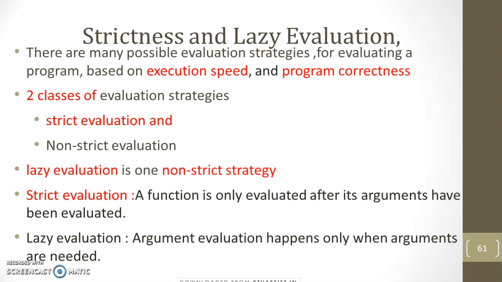Next is strictness and lazy evaluation, in which there are two strategies, strict evaluation and non-strict evaluation. Lazy evaluation comes under the non-strict strategy, in which an argument is evaluated only when it is needed. In strict evaluation, the function is evaluated after its arguments have been evaluated.